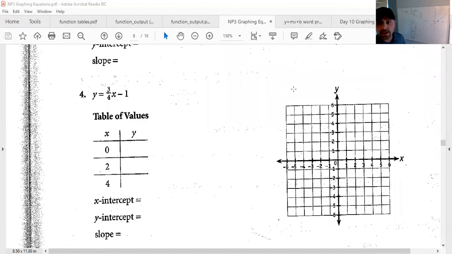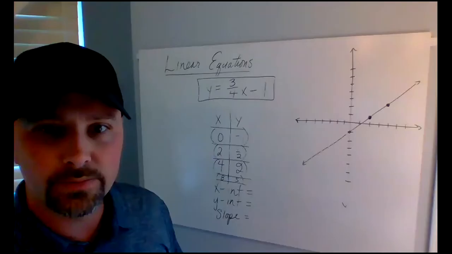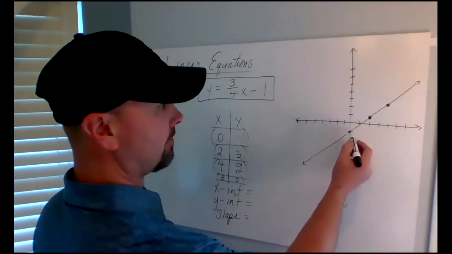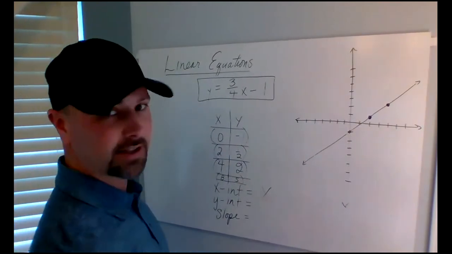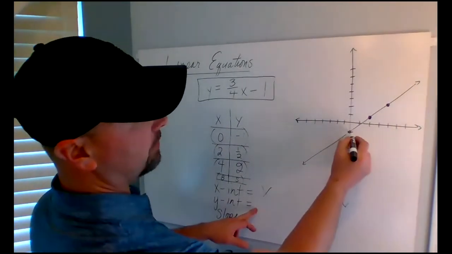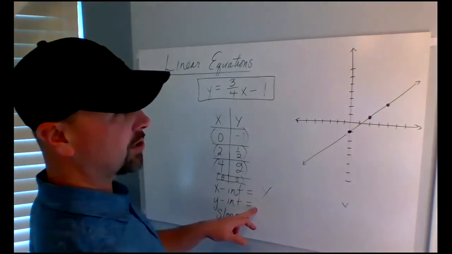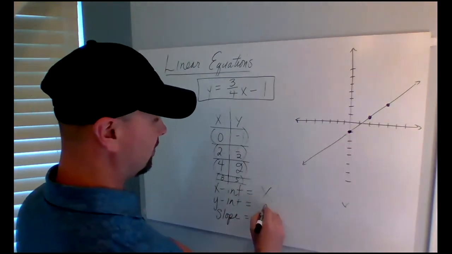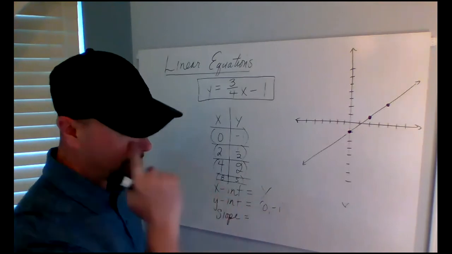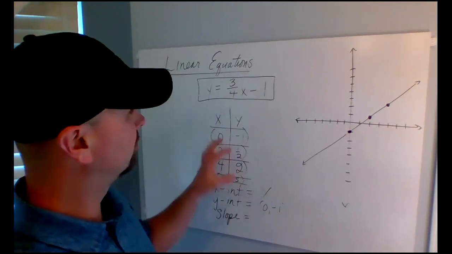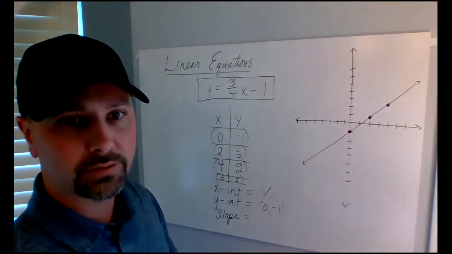So in a way, this was a bad problem for the worksheet, okay? But we can still use our other points to make our line for sure. And the y-intercept definitely does cross at a specific point, which is here, okay? So we're gonna not put an x-intercept, but the y-intercept is where the line crosses the y, which is at 0, -1. And then go ahead and try and find the slope, whether from the table or the graph.